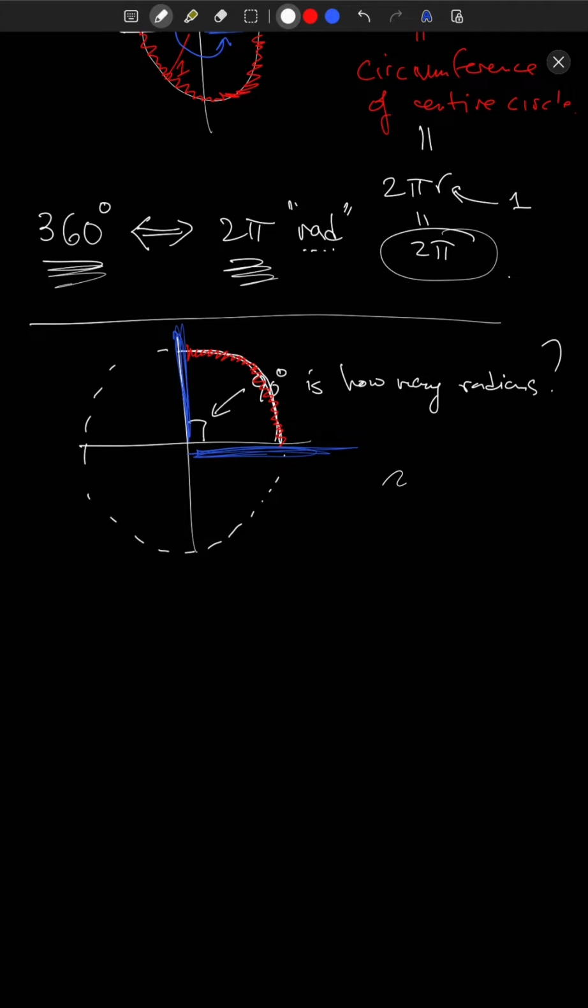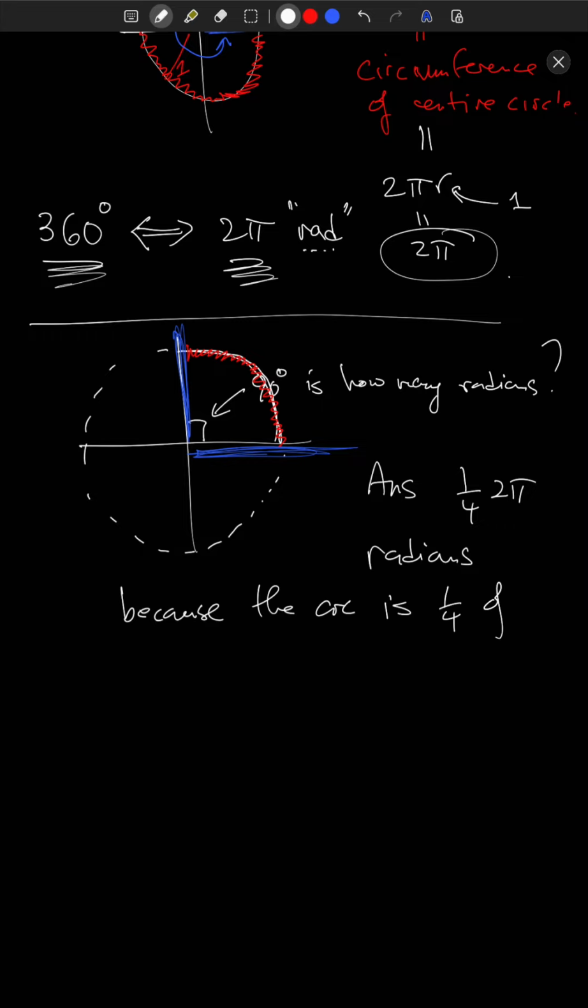Let me write it as 1/4 of 2 pi radians, because the arc is 1/4 of an entire circle. Okay, so the theme we'll see when we get to the latter parts of this section and even some of the next section is that the theme of today is to look at ratios.